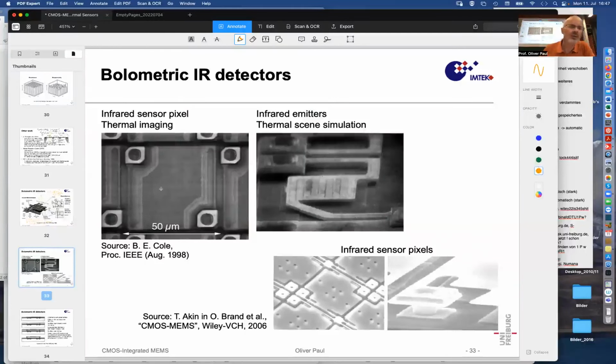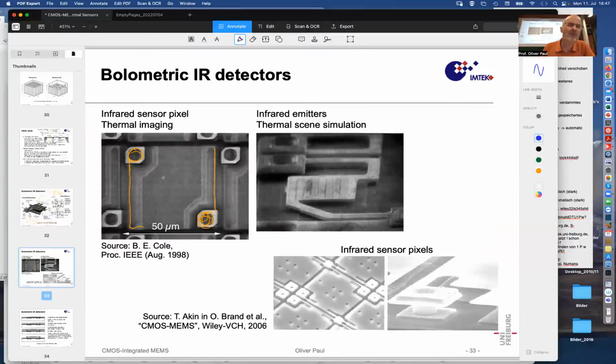So let me draw that here. We have this anchor point, and then a little beam going up to here, and here the second anchor point with the other suspension going up the hill to this pixel in the center.